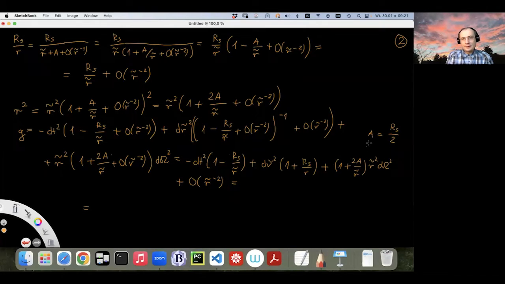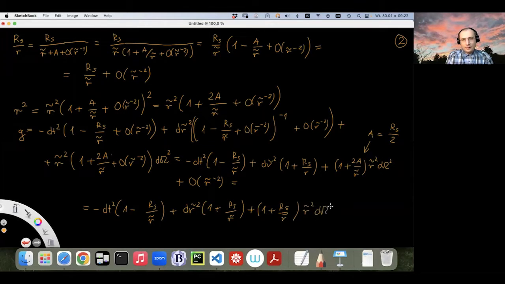And in that case, if we pick this constant, so the Schwarzschild radius divided by 2, we get minus dt squared times (1 minus rs over r bar) plus dr or dr tilde squared times (1 plus rs over r) plus (1 plus rs over r tilde) d omega squared.